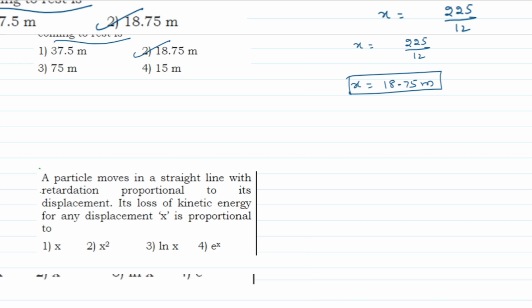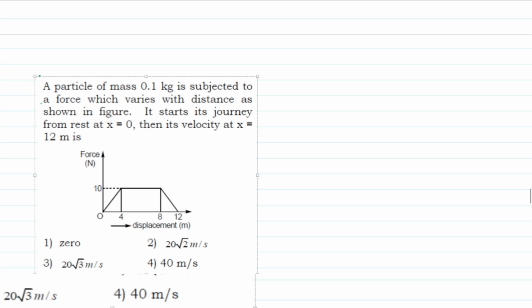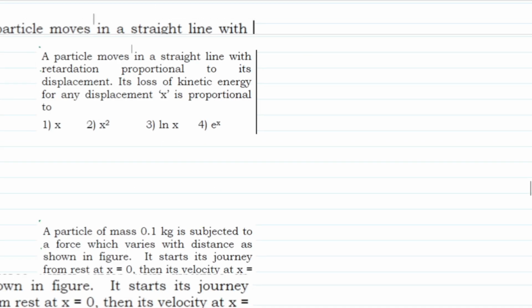Let us see the next question. The next question says a particle in a straight line is moving, with its retardation proportional to its displacement given. So retardation is nothing but you can take it as minus a, which is directly proportional to displacement x given.